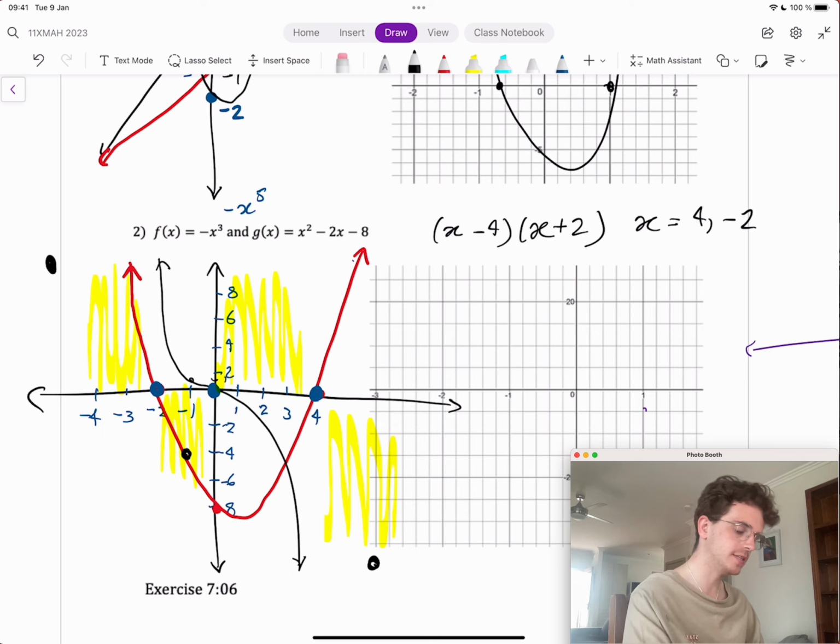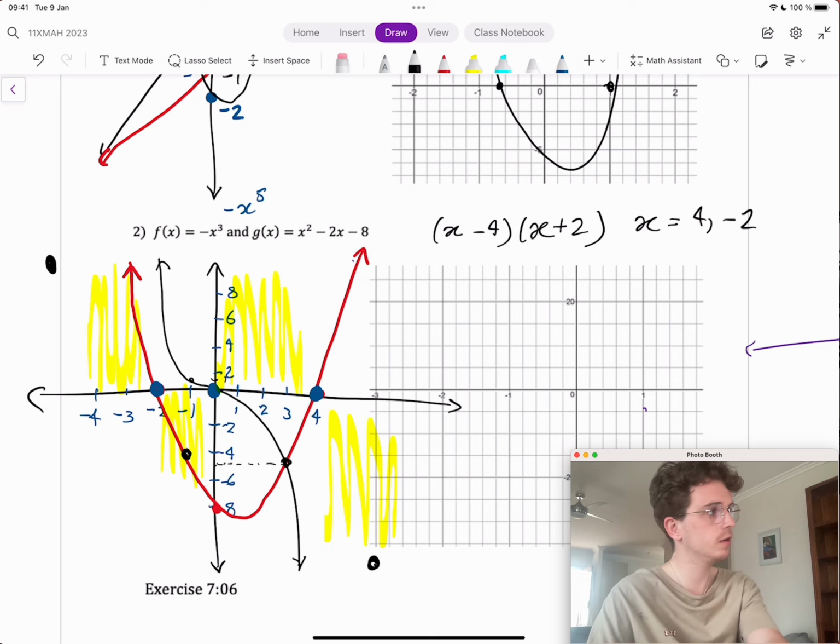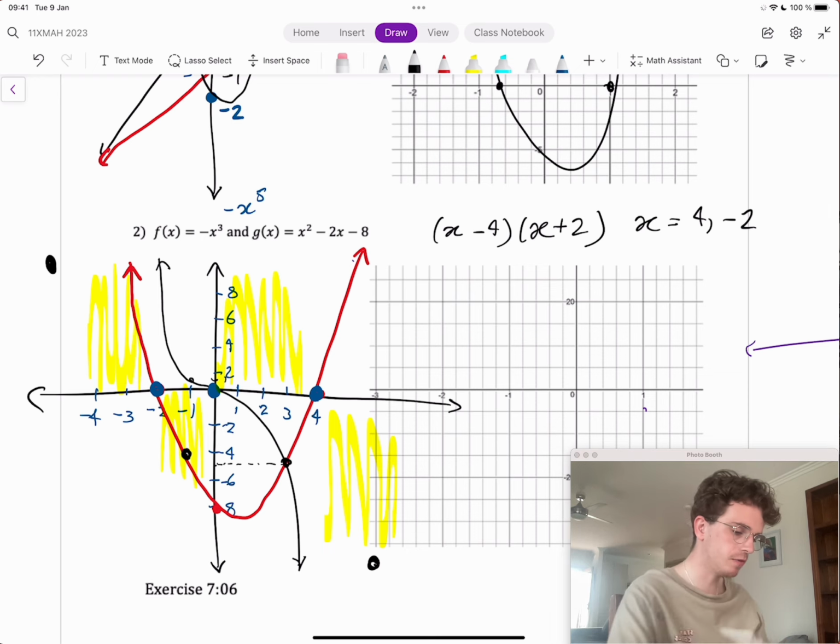So it's going to be about down there. If we look over here, we've got about -4.5 times 4.5, which is 20.25. So my graph is going to be up here.